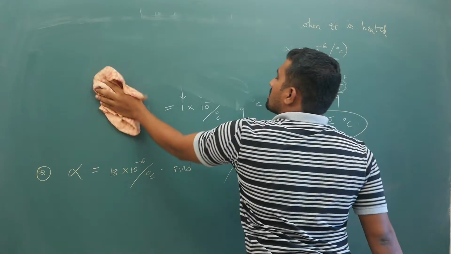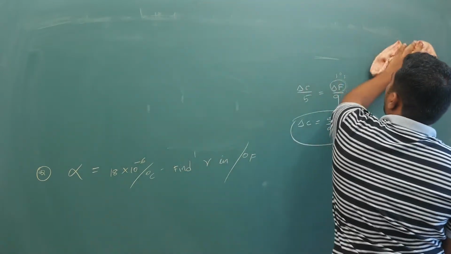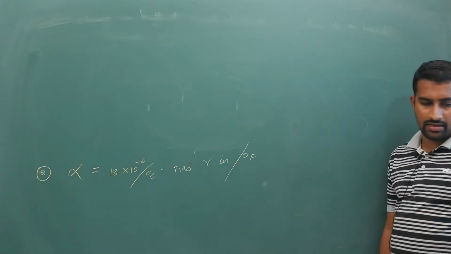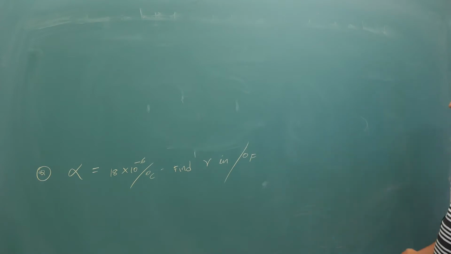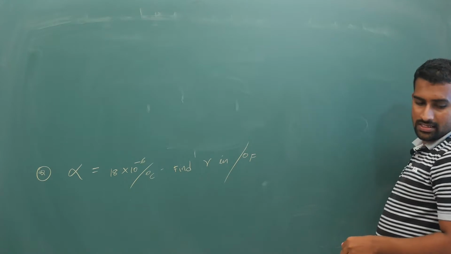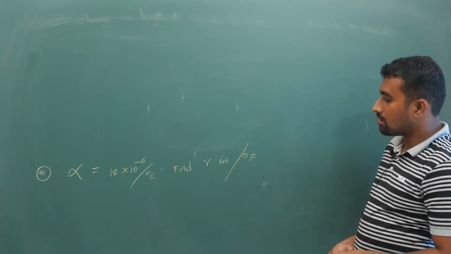So gamma is 3 alpha. You will get it once again per degree centigrade only, but I want it per degrees Fahrenheit. You can write Kelvin, you cannot write degree Kelvin. What is the answer?